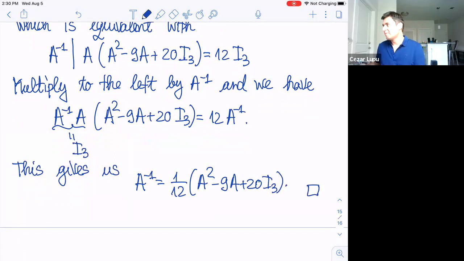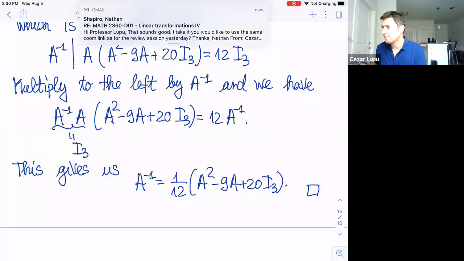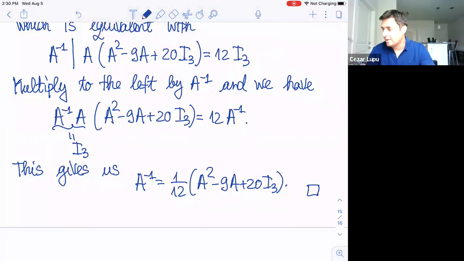I think you get the idea of how to find the inverse of a matrix using the characteristic polynomial. Right?